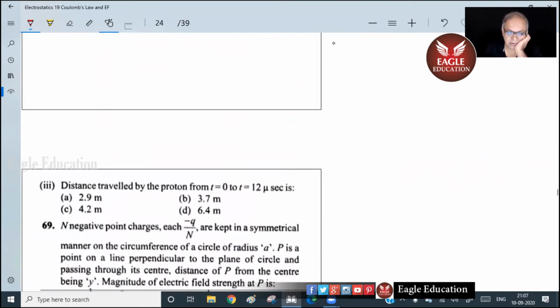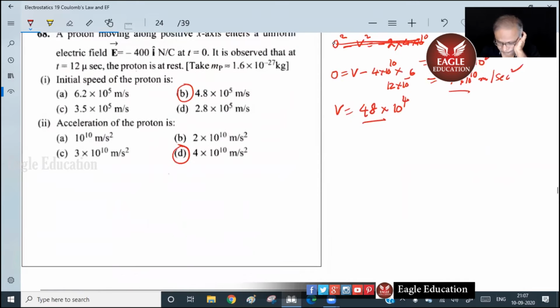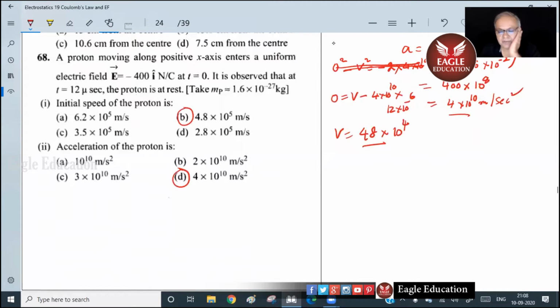Now calculate the distance traveled by the proton. Speed is there, final speed is there, acceleration is there.